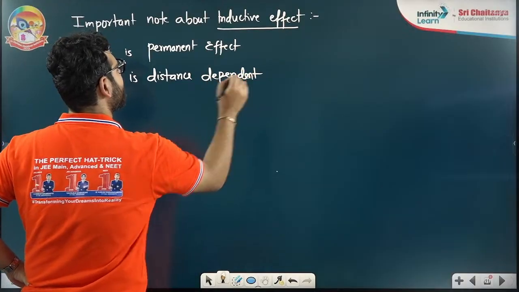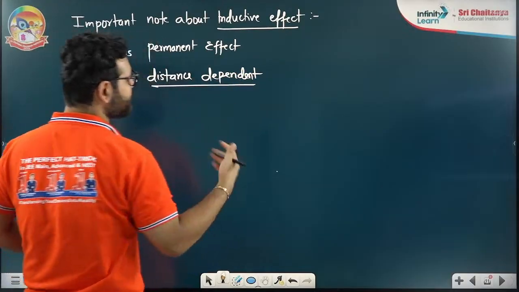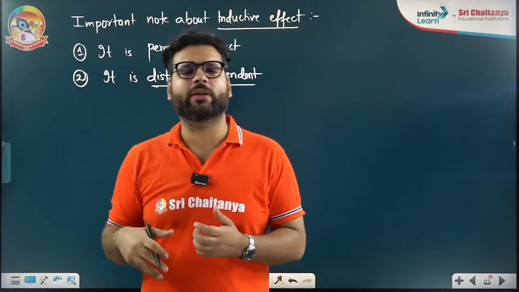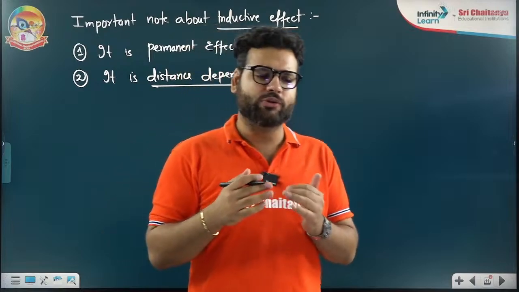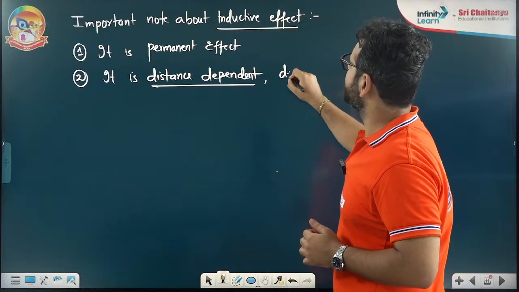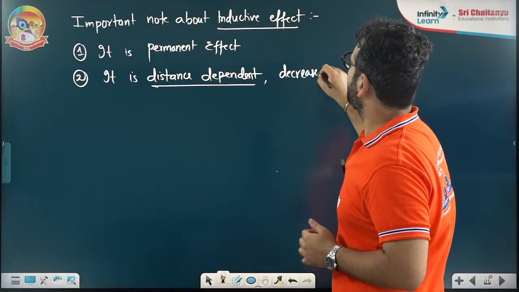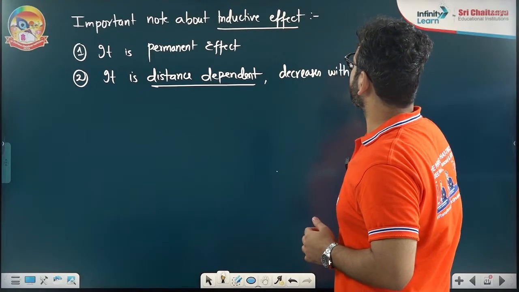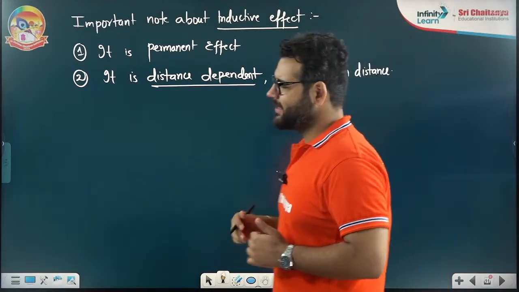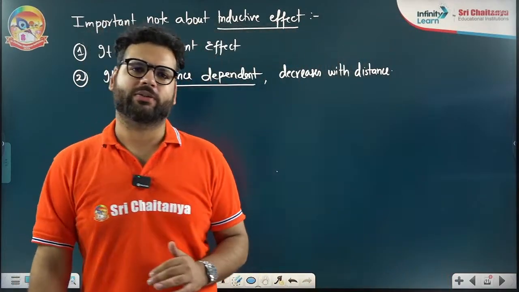I already explained to you, it decreases with distance. Wherever the inductive effect starts from, wherever the push and pull starts from, as you go away from there, it will decrease. So whenever distance will increase, effect will decrease. Okay.